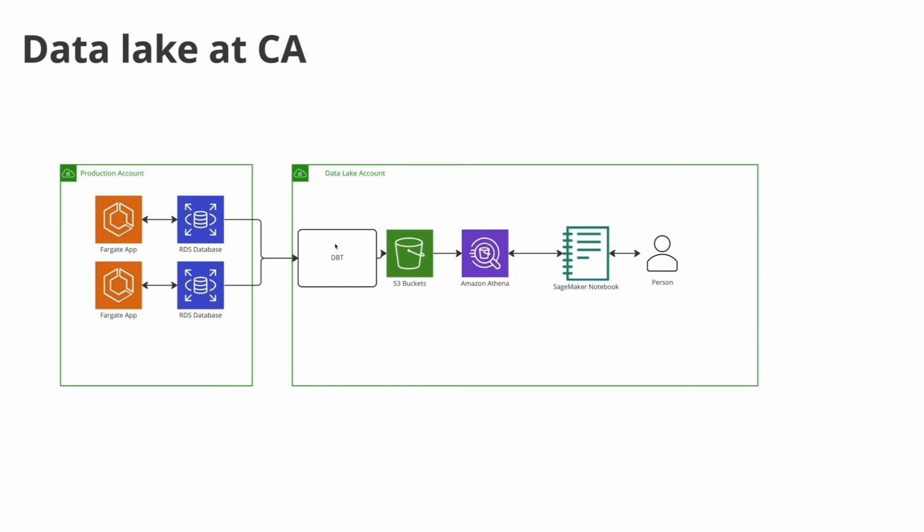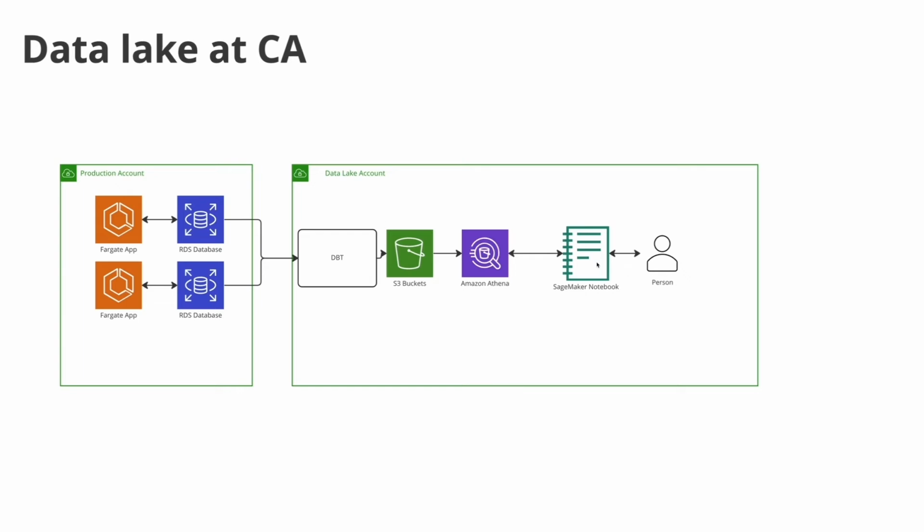So there's a tool called DBT, which takes the data from these production databases, applies transformations to it, and outputs that transformed data into S3 buckets. We then use this query engine called Amazon Athena that can take the data from the S3 buckets and overlay a query engine that lets data scientists and automated training scripts, etc., query the data using SQL to put it into a format that's usable for whatever task we're involved in.